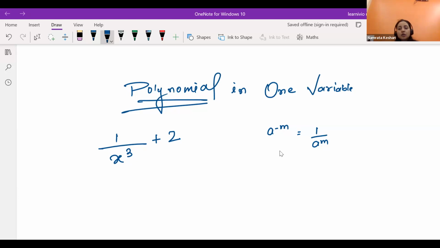Whenever we change a term from numerator to denominator, or from denominator to numerator, the exponent will reverse its sign. If it is already negative, it will become positive. If it is already positive, it will become negative. So if you write this 1 by x cube, it will be x to the power minus 3, plus 2. Now the definition of polynomials says, if the variables are having exponent as a whole number, just a second.